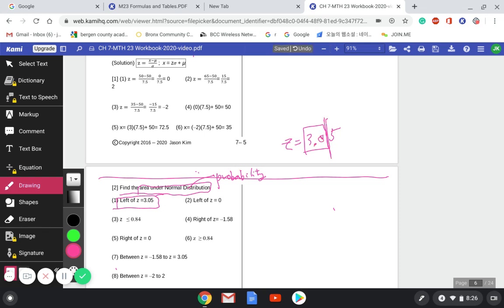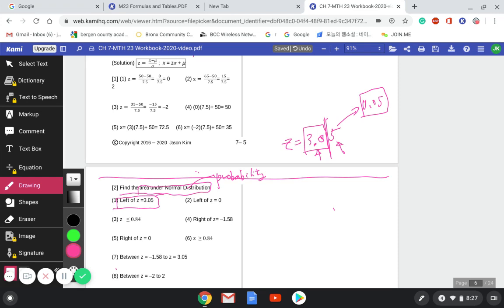The first two numbers, up to the first digit after the decimal, you use for one way, and then you use the last digit when you have two digits after the decimal. So this 5 is actually 0.05. That's the second value that we need to utilize table number 3 and find the value of the probability. So we find the probability of the left side for a z value of 3.05.